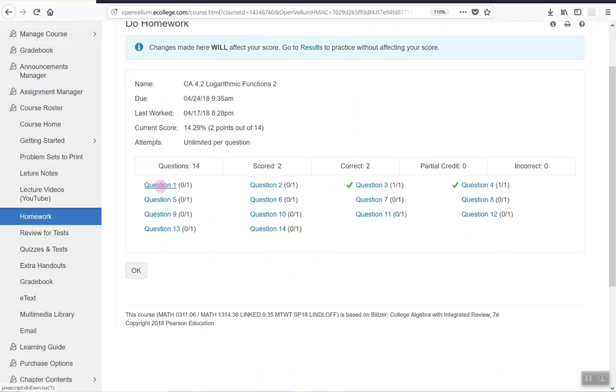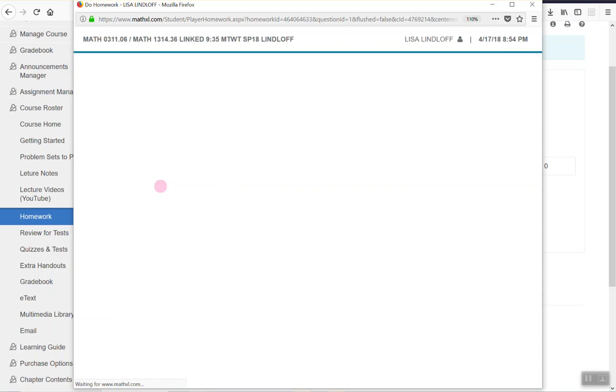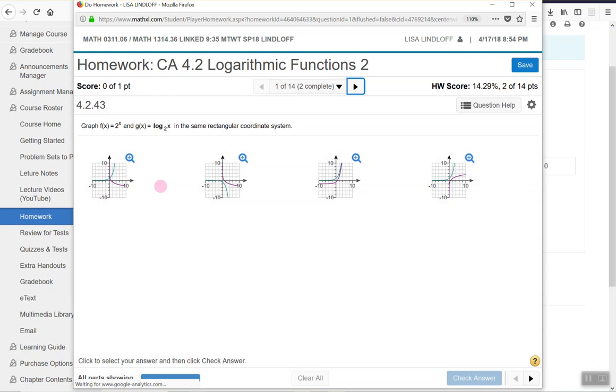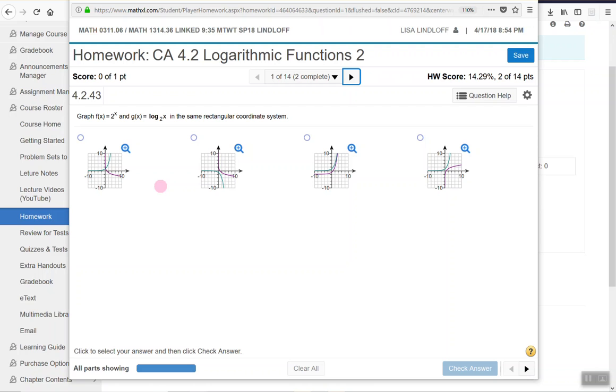If I look at question 1, these are in, I believe, either blue and red or maybe green and red. The first one is f of x is equal to 2 to the x. That's a growth curve. Log base 2 of x is its inverse.